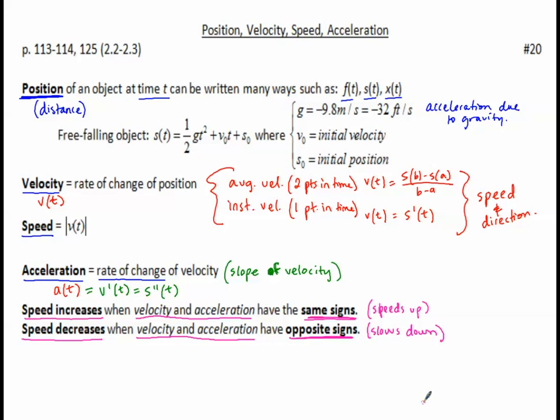So just a quick review, starting with position and then taking one derivative, one rate of change, takes us to velocity, and one more takes us to acceleration. So thinking of position, velocity, acceleration, that's the order for the rates of change.